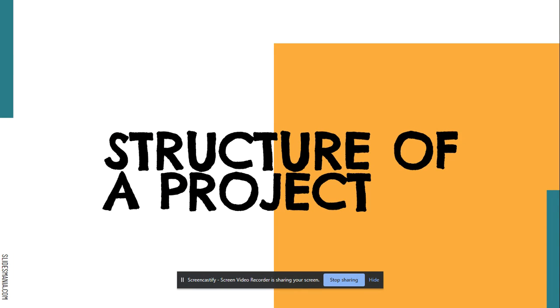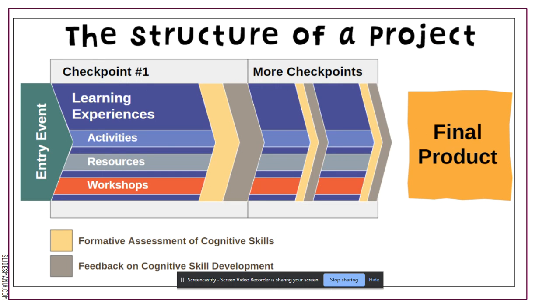Next, we'll take a closer look at the structure of a project. You will see with the structure of a project, this chart shows that each project will begin with an entry event, followed by checkpoints. Within the checkpoint, you will see learning experiences, activities, resources, and time for workshops.